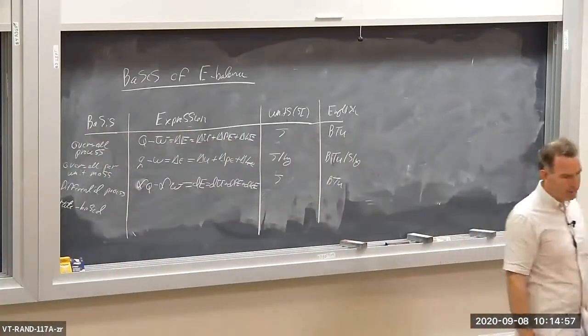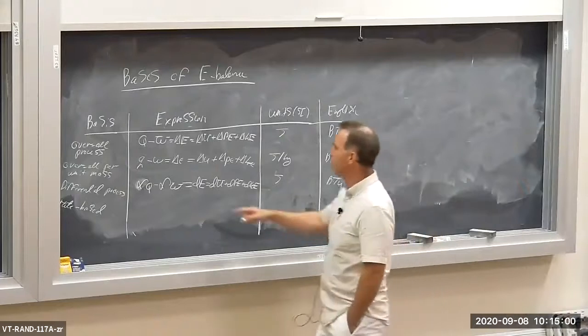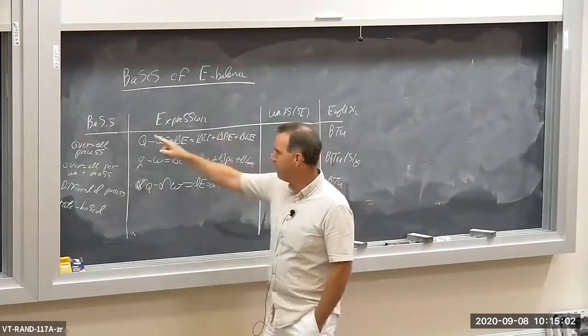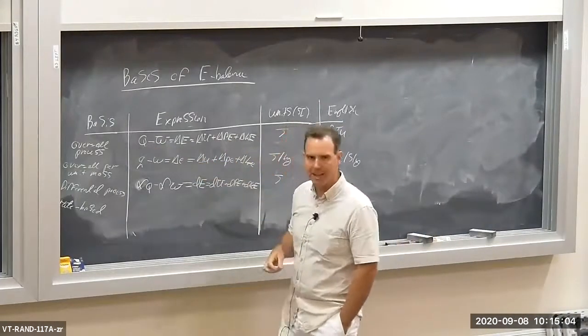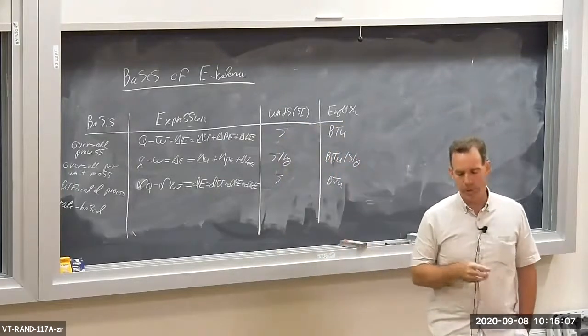So how do I get the rate-based? Well, I'm going to take the derivative of the overall process with respect to time. I'll take the derivative with respect to time of every term.